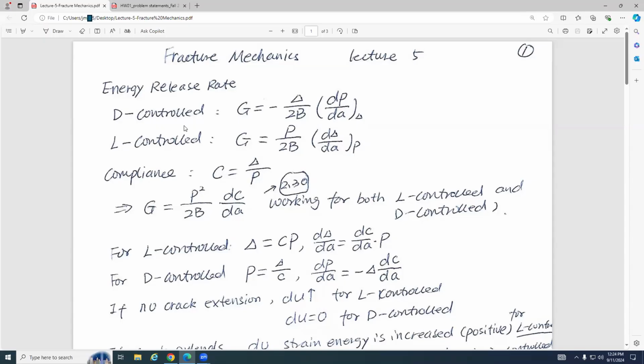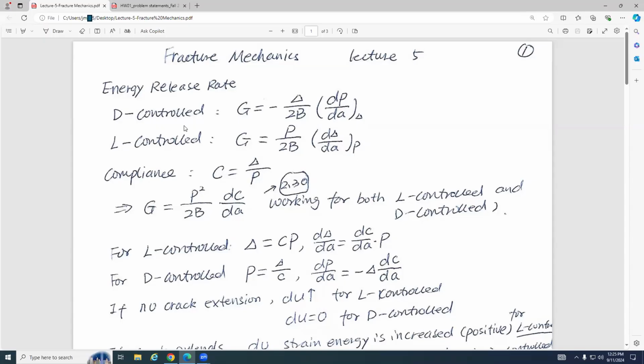So compliance is just this reciprocal and equals delta divided by P. So C equals this one, so we can get G here. G equals P squared over 2B times dC/dA.